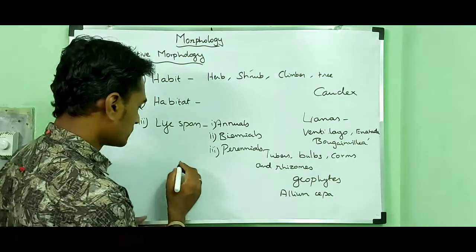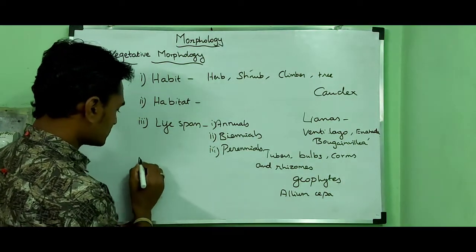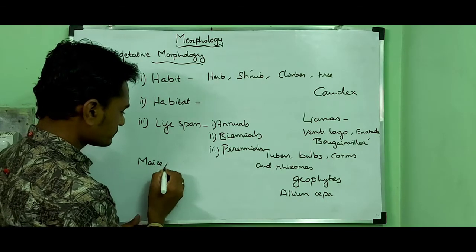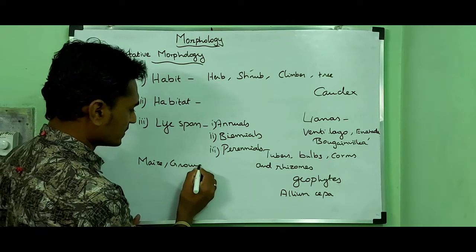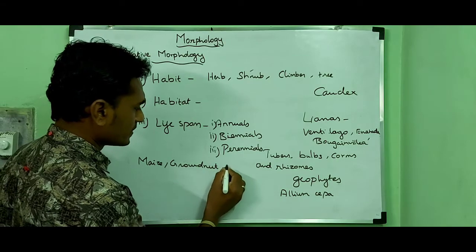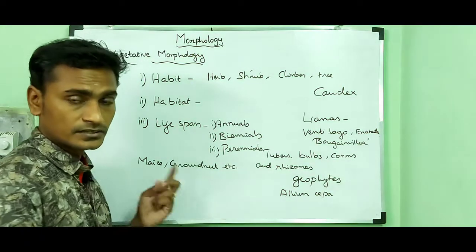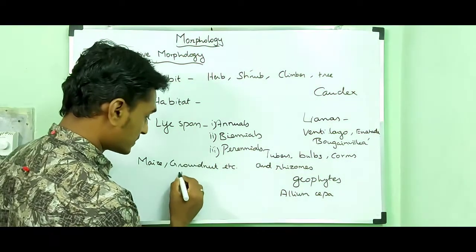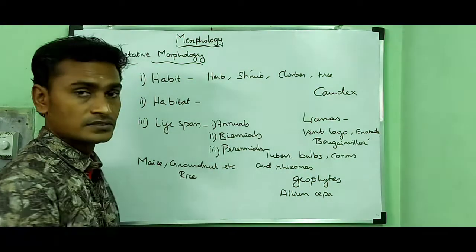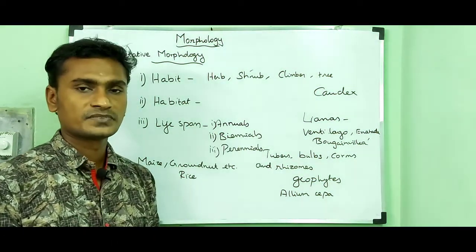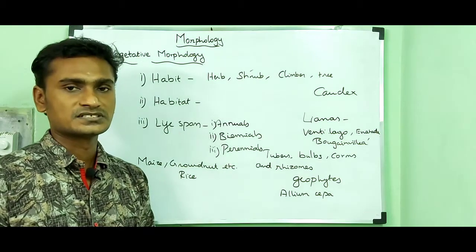சரிங்களா? For example, maize. Annualக்கு example என்னது? Maize, groundnut, etc. Rice கூட சேர்த்துக்கலாம். Then biannuals. It contains 2 seasons.